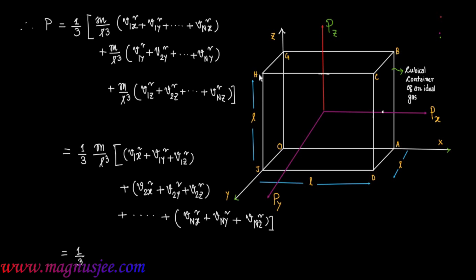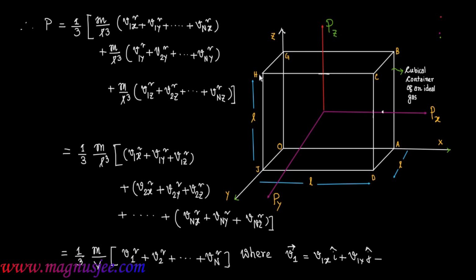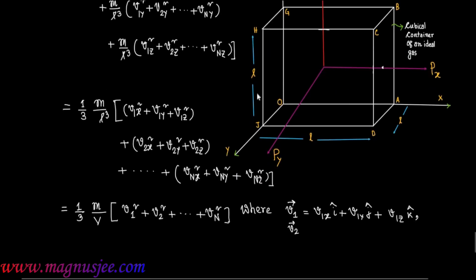Equal m by capital V, where capital V is the volume of the cubical container, under bracket v1 square plus v2 square plus dot dot dot plus vn square, where vector v1, that is the velocity vector of the first gas molecule, is equal v1x i cap plus v1y j cap plus v1z k cap.